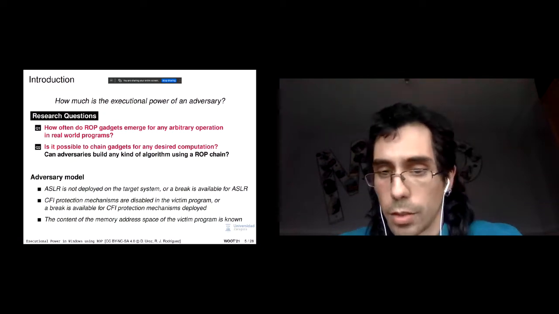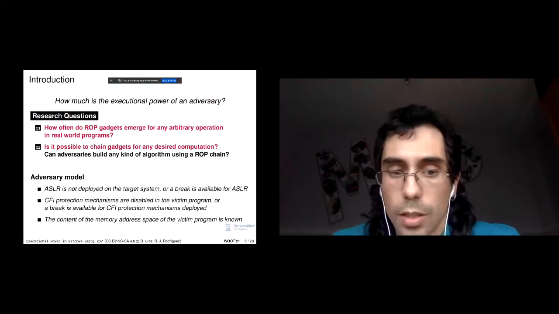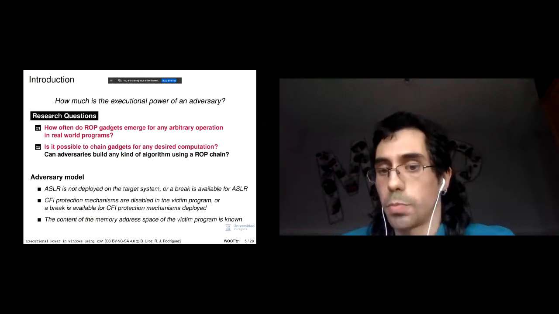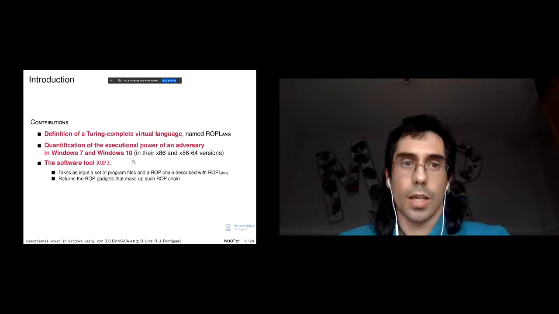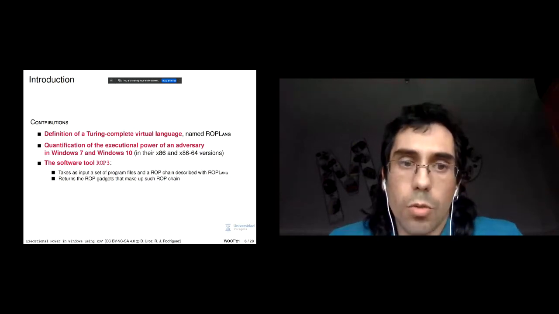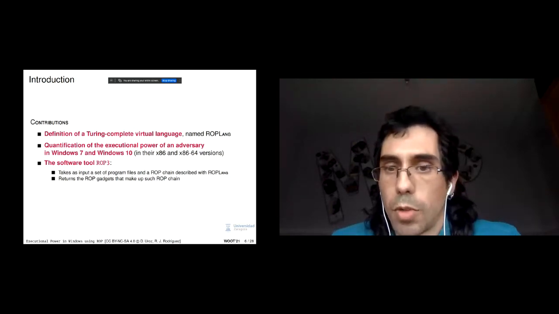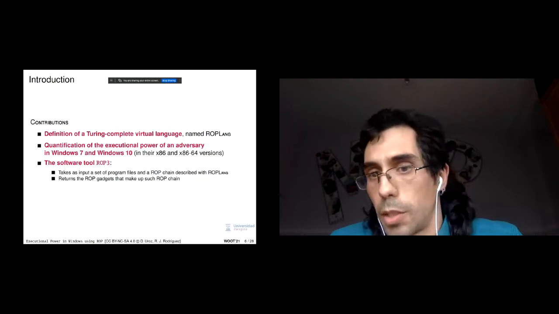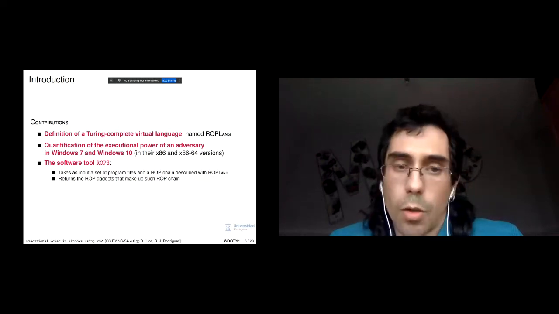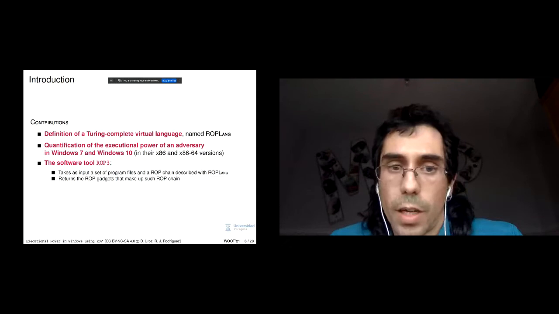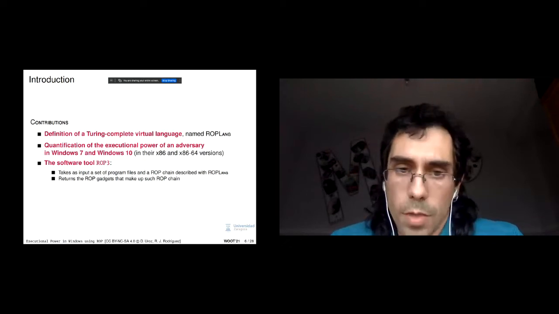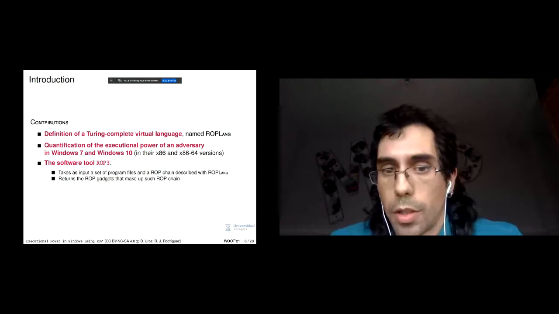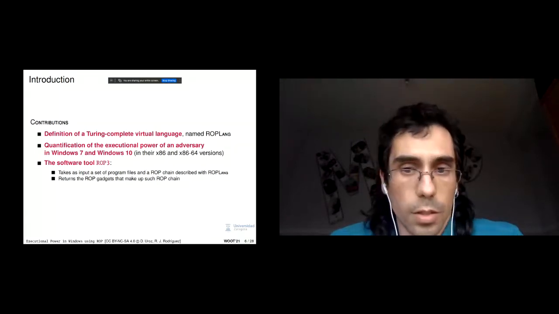And of course, the adversary knows the content of the memory address space of the victim program. As contributions of this work, we have defined a Turing-complete virtual language, which we have named ROPLang. And we have used this language to quantify the executional power of an adversary in Windows 7 and Windows 10, in both 32 and 64-bit versions.